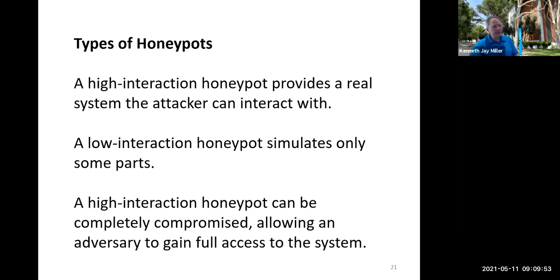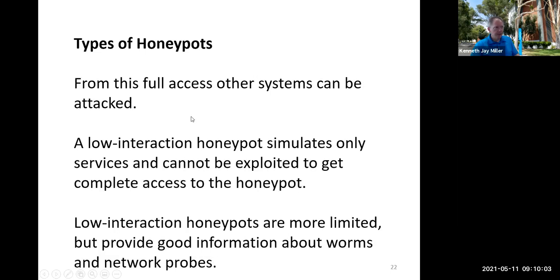Whereas a high interaction honeypot can be completely compromised, allowing an adversary to gain full access to the entire system. So from this full access, other systems can be attacked. If somebody compromises our honeypot, they could attack somebody else from it.